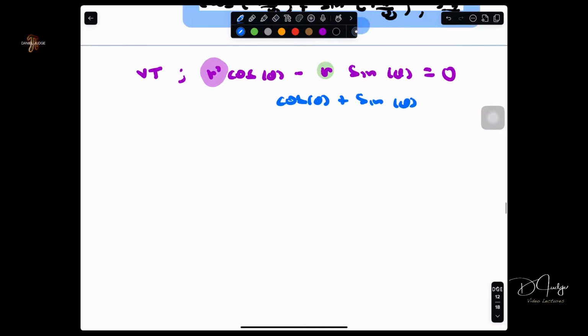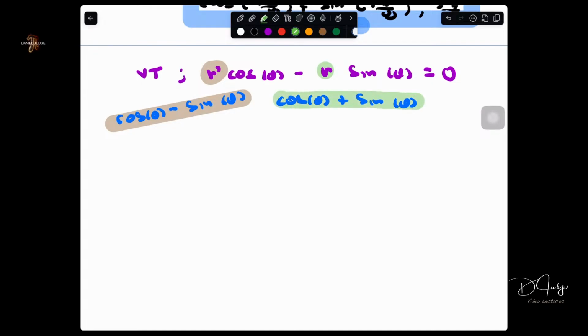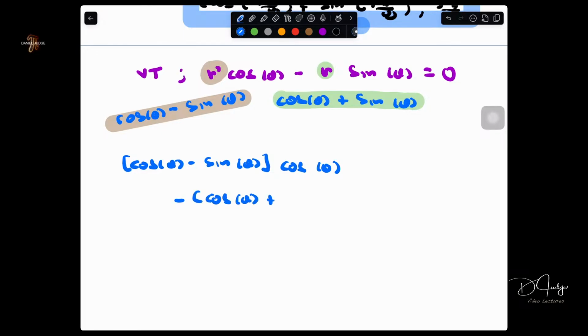So it's cosine minus sine. Okay. So you have cosine theta minus sine theta times cosine theta, minus r, not minus r, but minus cosine theta plus sine theta times sine theta equals 0.